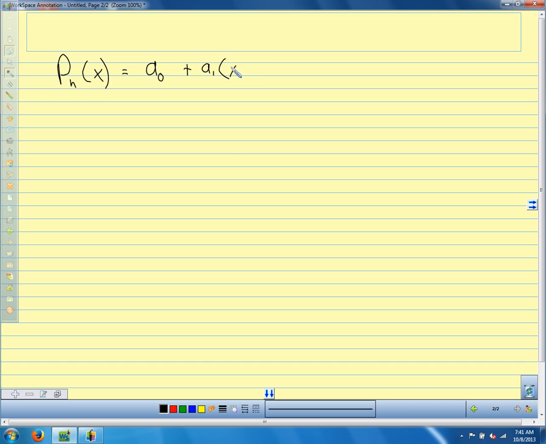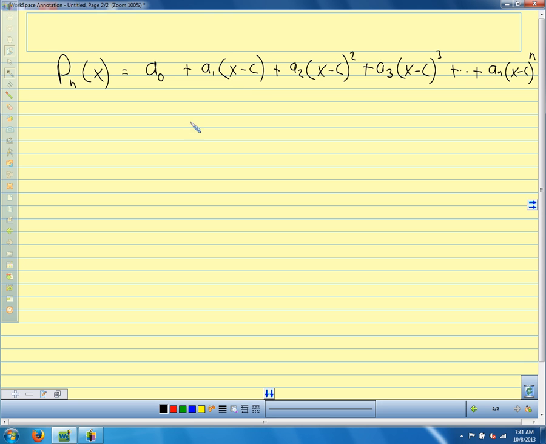This is what we want our expansion about C to look like, plus, and we go out for as many terms as we want. We want to determine these constants a0, a1, a2, etc. We can determine the constants by the requirements we've placed on the function and its derivatives.